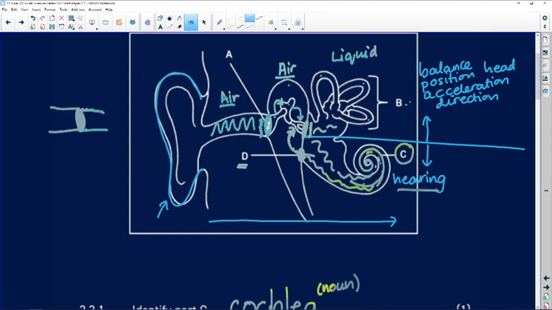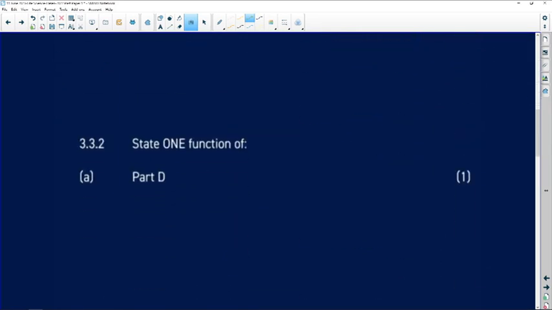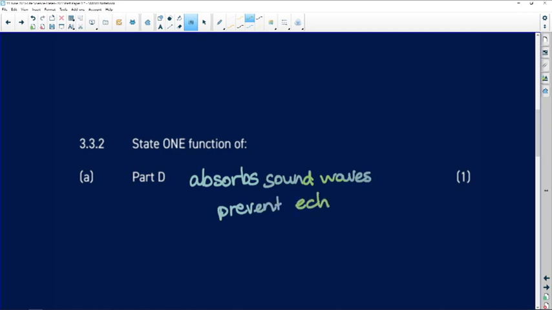And that would be extremely confusing. So the round window absorbs those sound waves. So we've got to say that it absorbs the sound waves in order to prevent an echo. And that is the function then of the round window.